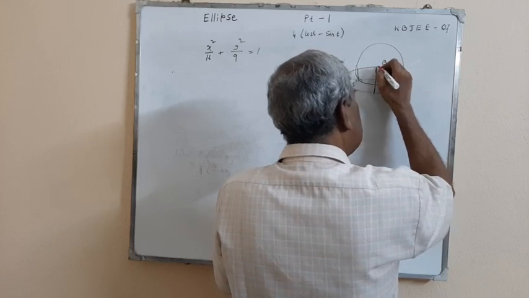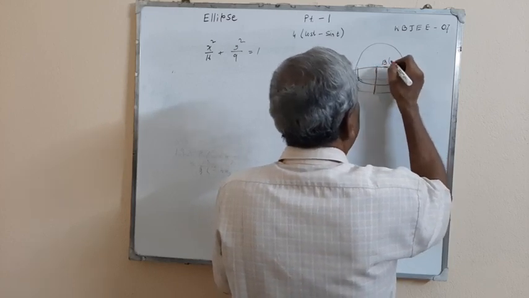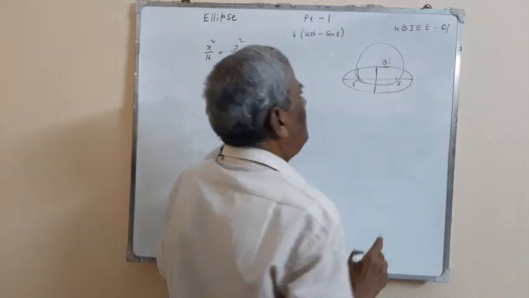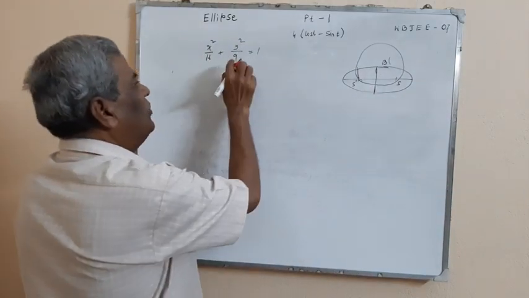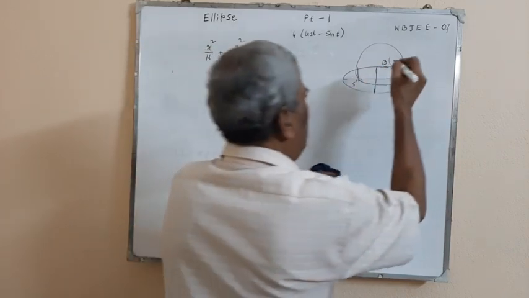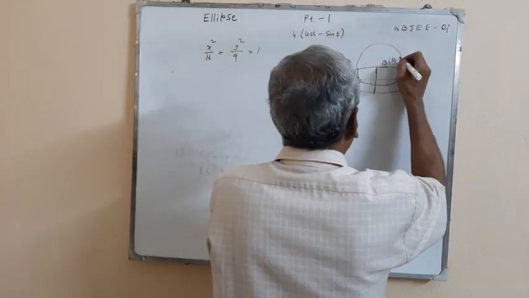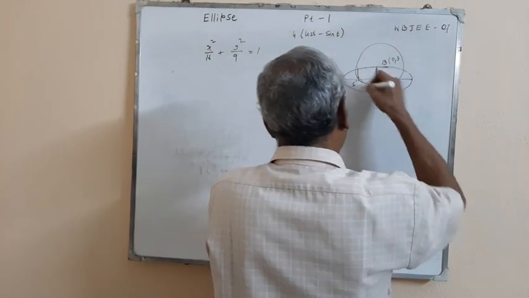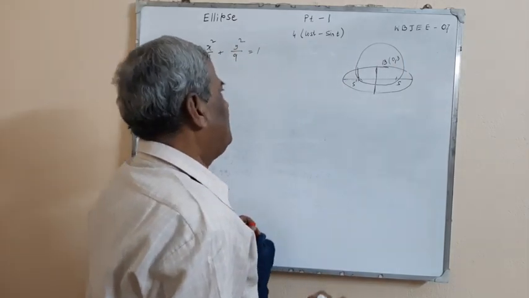So it is the center. Coordinate of B is 0, b. b is your 3. It is 4 square, 3 square. So it is 0, 3. The center of the circle is at 0, 3.